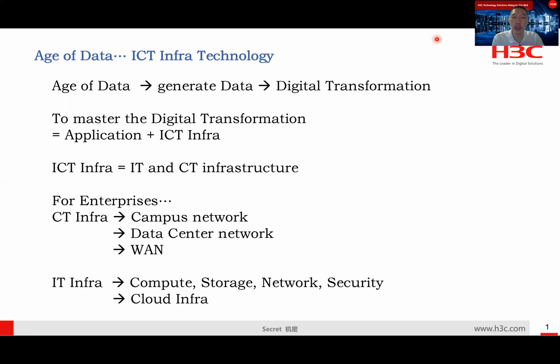For the CT infra, we are also talking about the data center network. That means how you build your data center to connect to the public internet, your internal network, and also to connect all your servers, storage, all these kinds of things. Another part is the WAN network, wide area network. So this is all related to the CT infra.